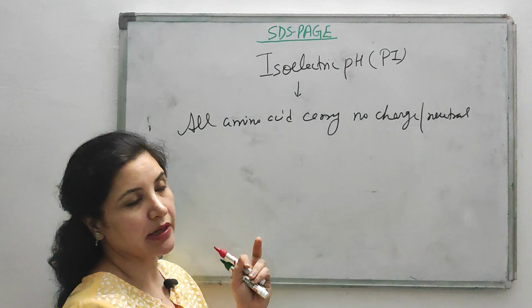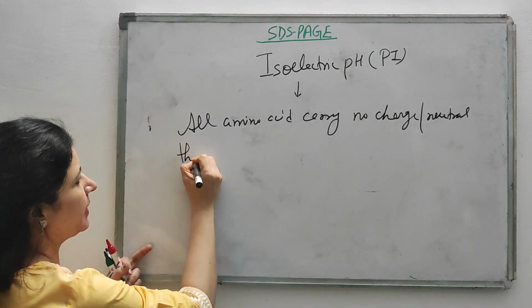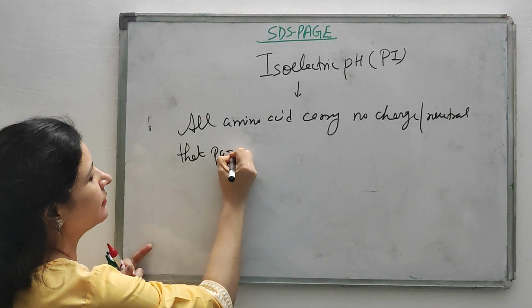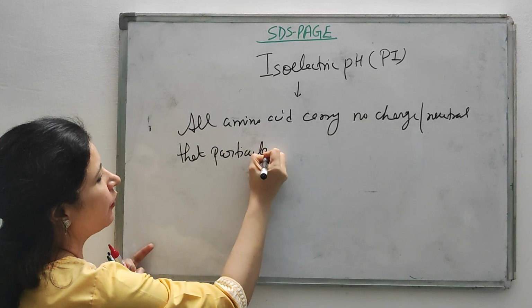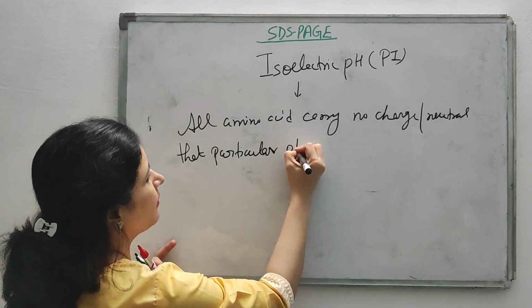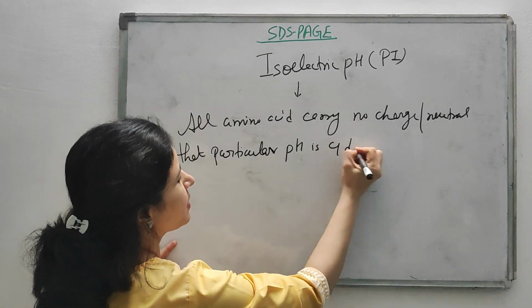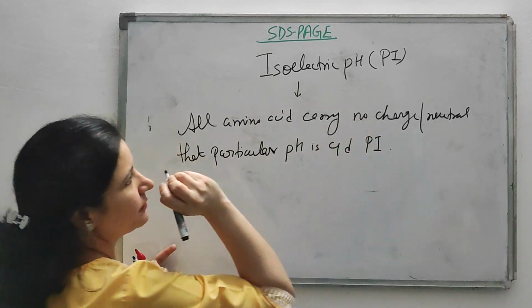That means they are neutral in nature, because if they don't carry any charge, they are neutral. So that particular pH is known as your PI.